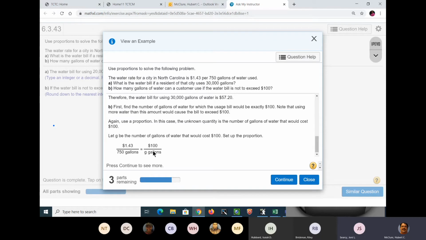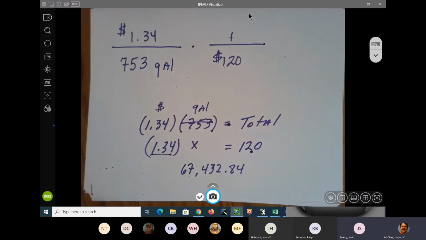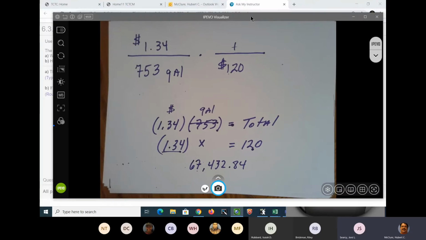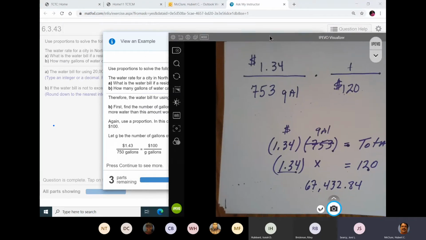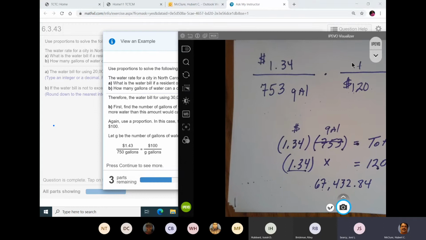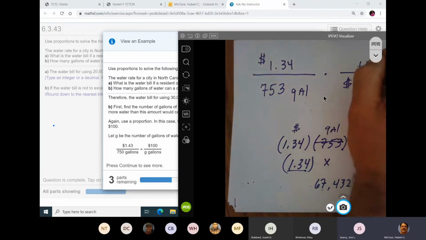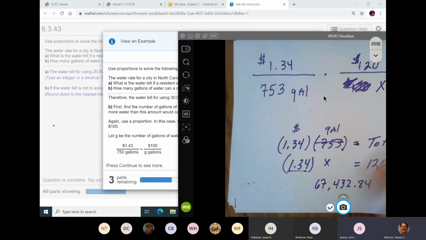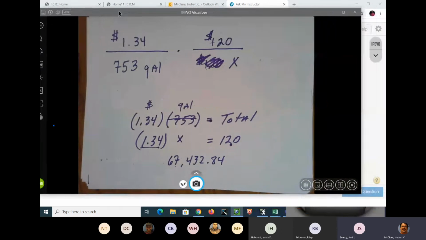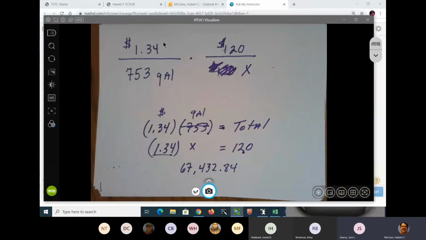Let me see what's the difference in what they have it set up as. Okay, $1.34 over 750, whatever, times. Okay, you need to put the 120 up here, and this right here would be X. Okay, you could set it up like that.